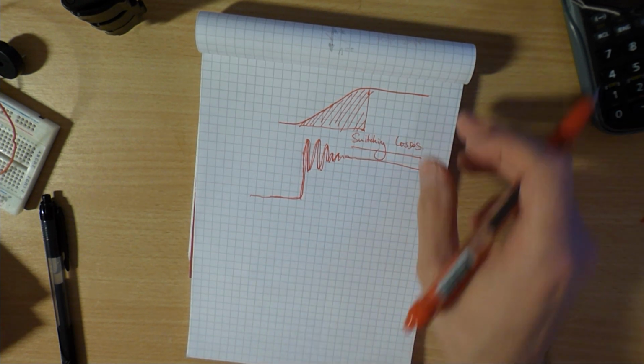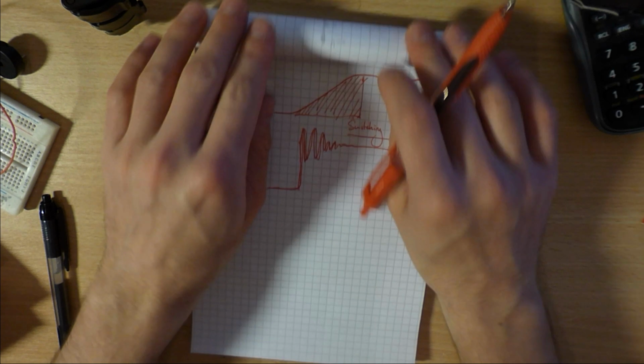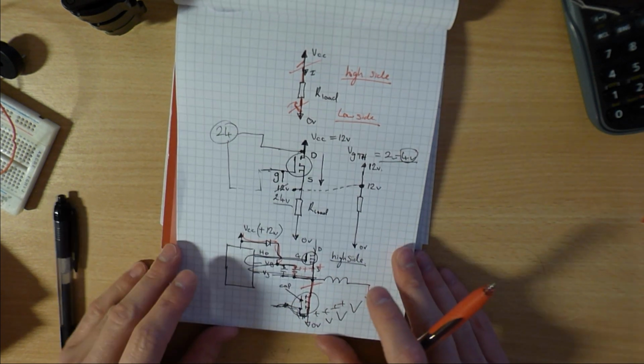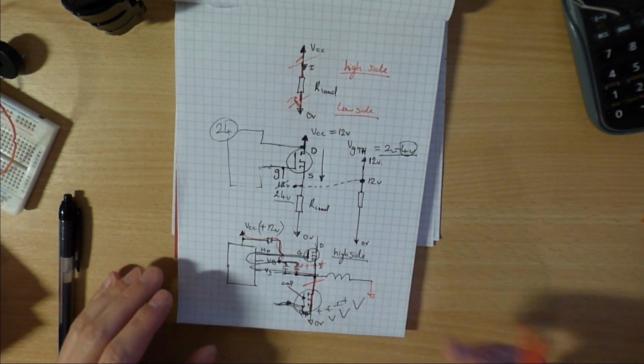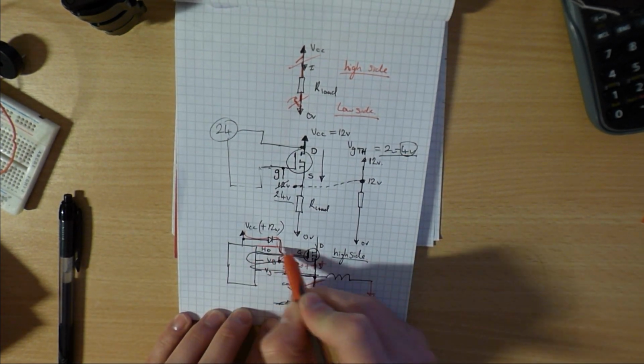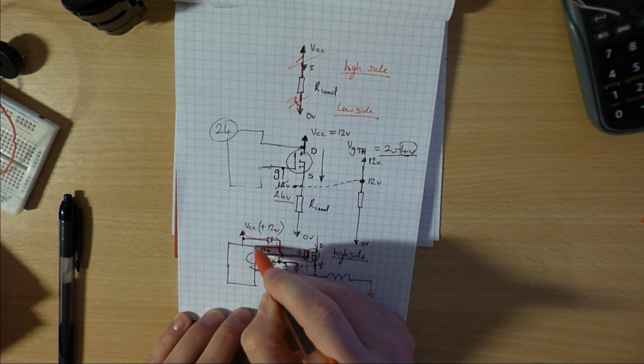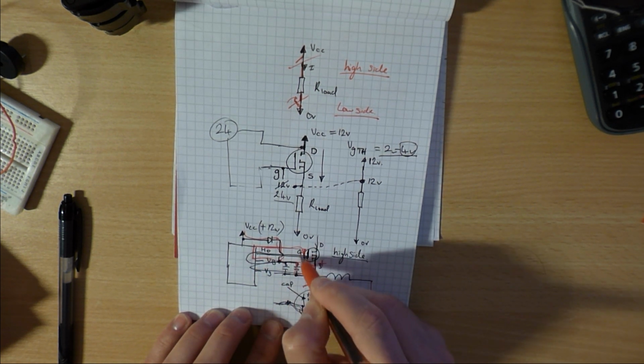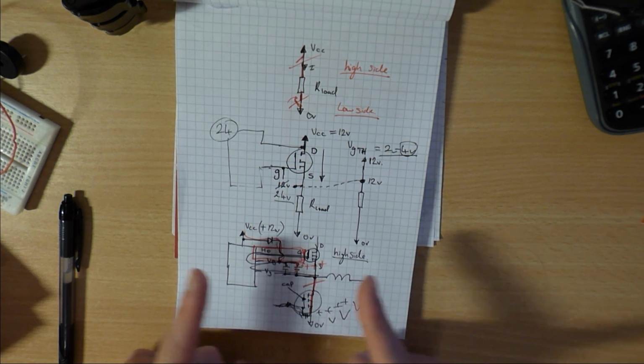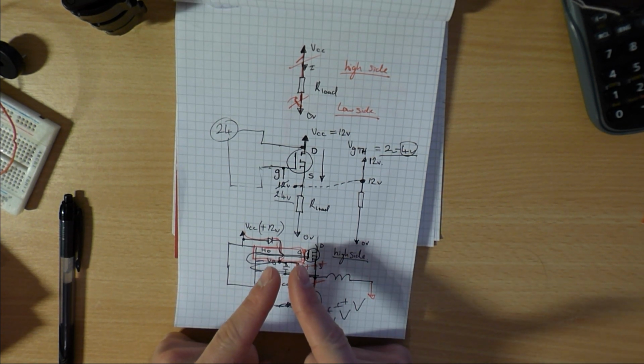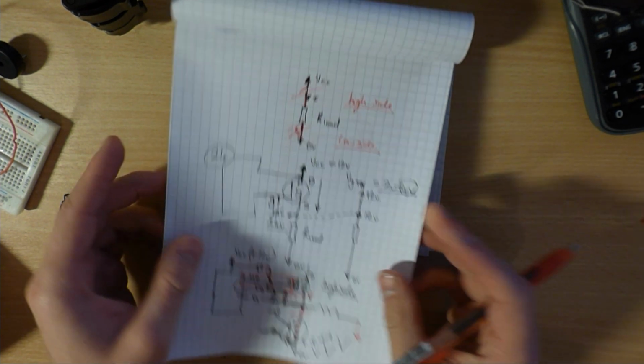Which is why if you're designing a PCB, this trace here that's going from the IR2110 to your MOSFET needs to be as short as it possibly can, and that reduces the inductance and will help reduce ringing that I said before.